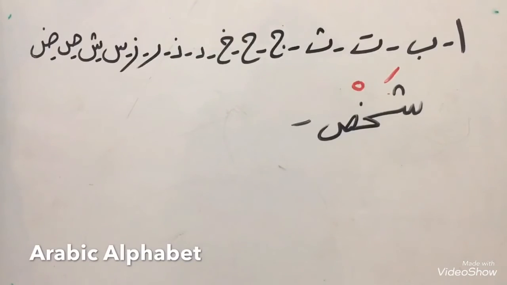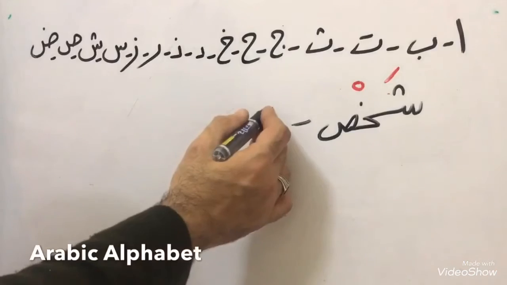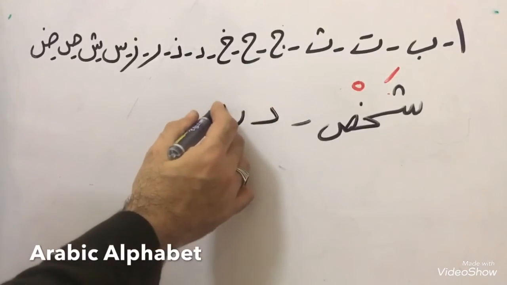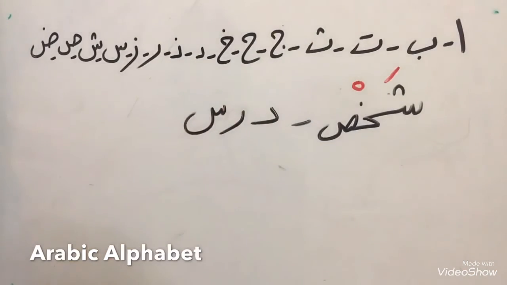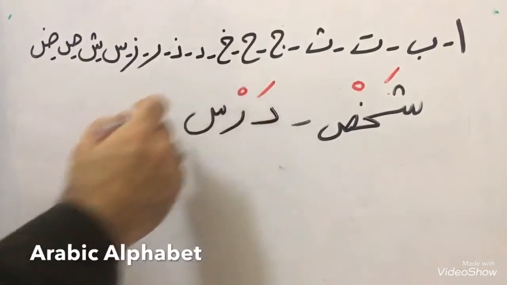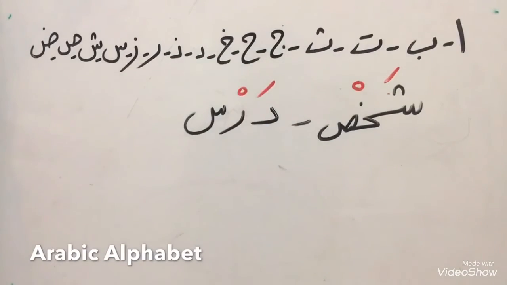Another example, Dal with Ra and Sin, Dars. It is important also to notice something very important in Arabic: with the different use of Fatha, Dhamma, Sukun, Kasra, the meaning of the word will become completely different.